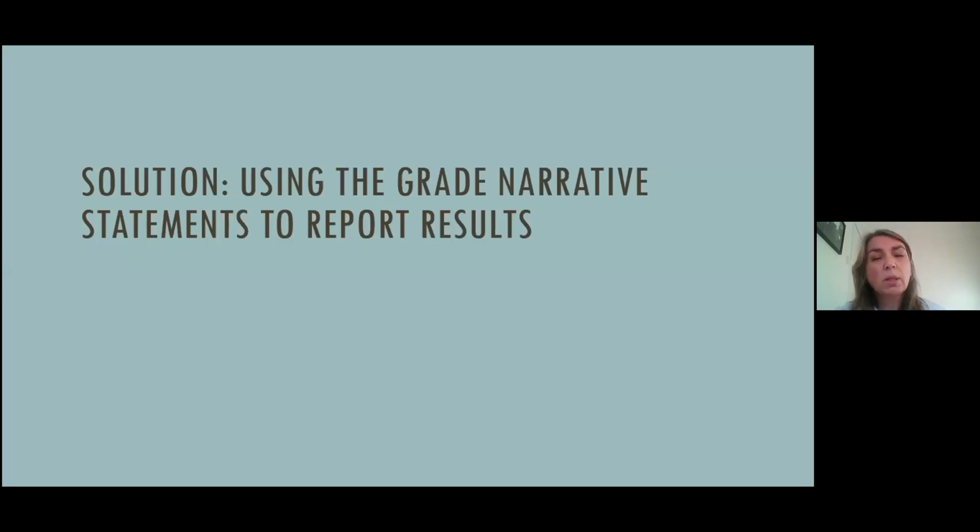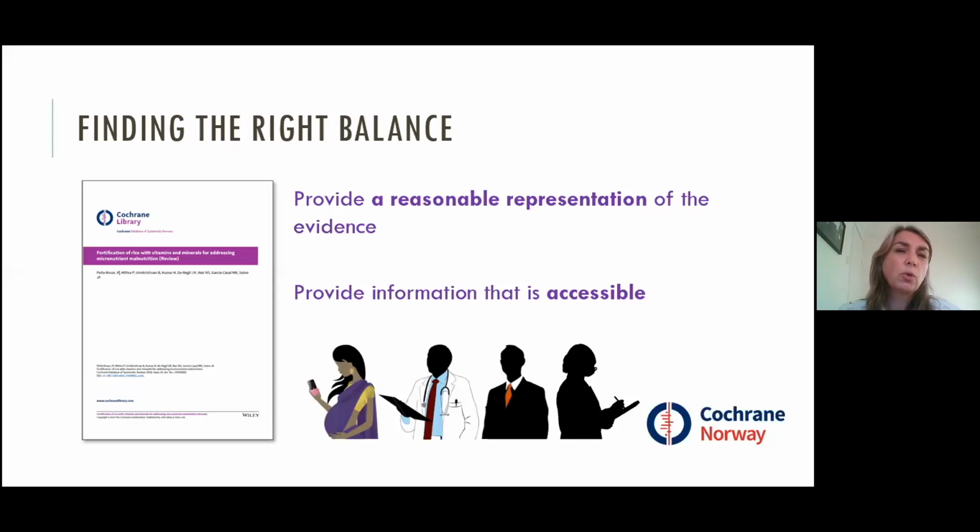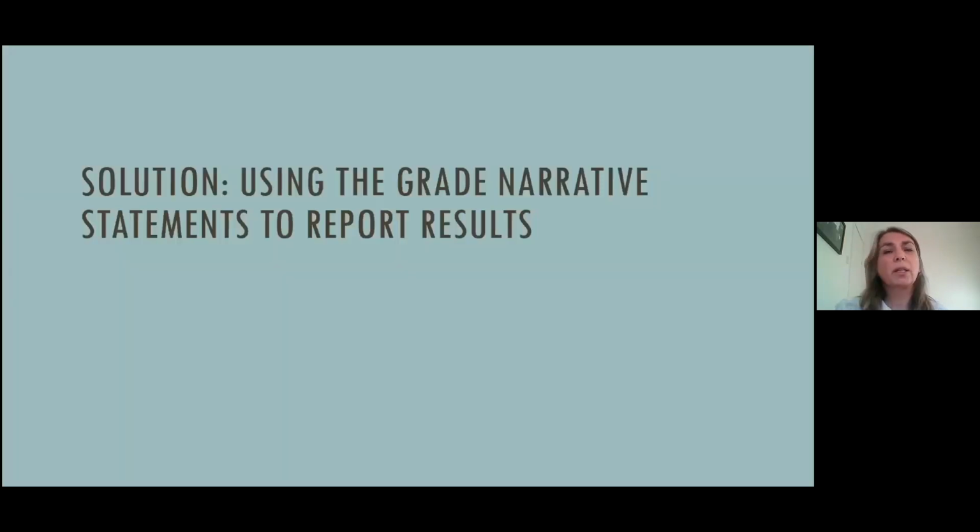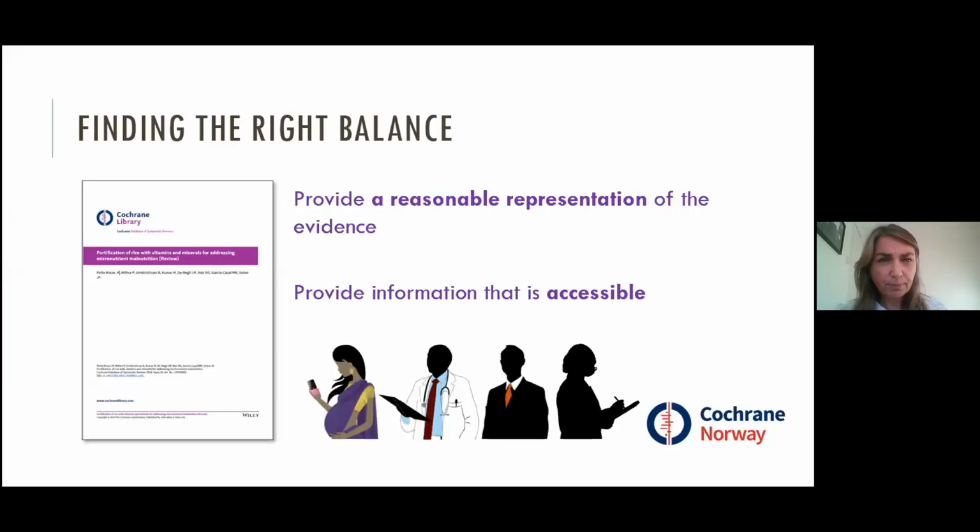So those are some typical problems that we very often come across when we're looking at existing systematic reviews, both within Cochrane and otherwise. One of the solutions that we've tried to develop is a system called the GRADE narrative statements.